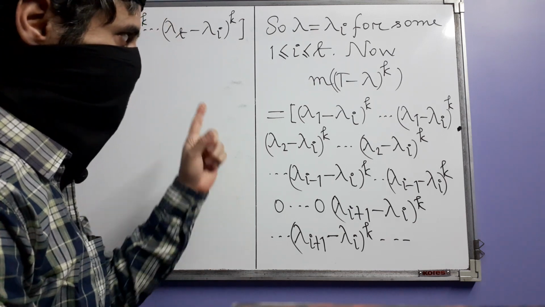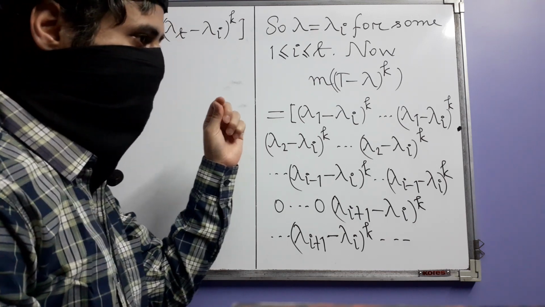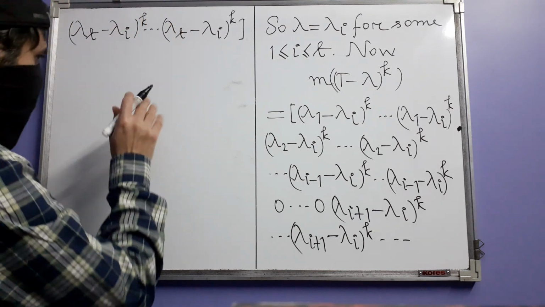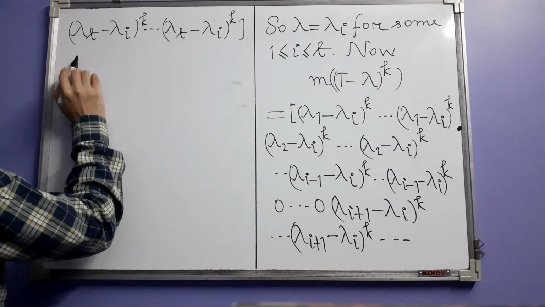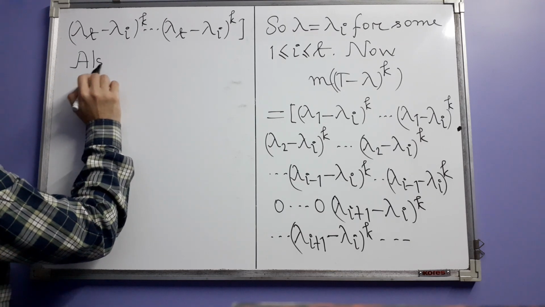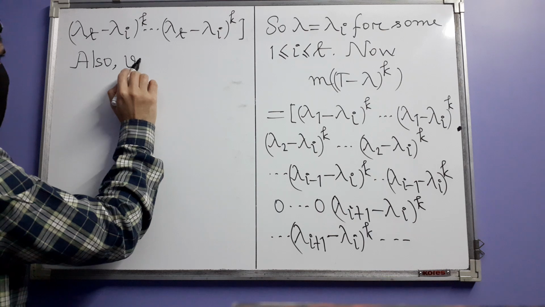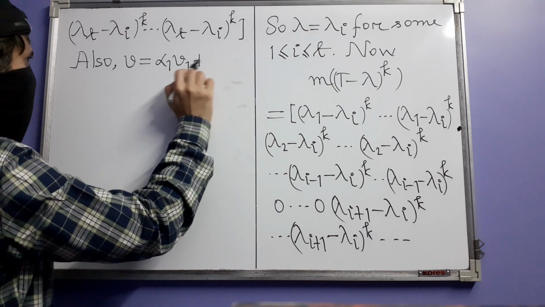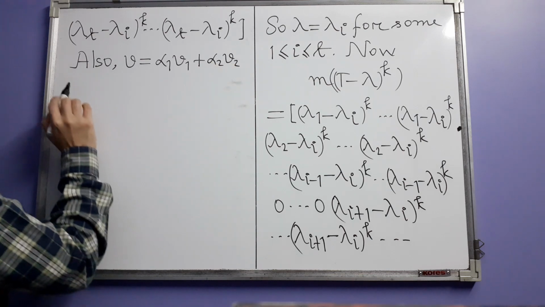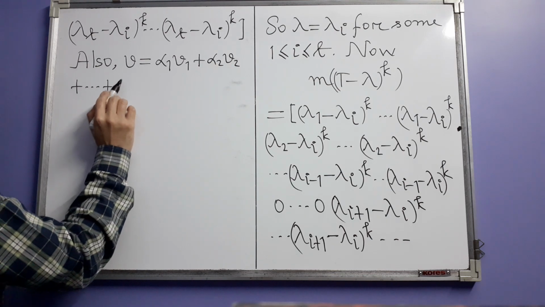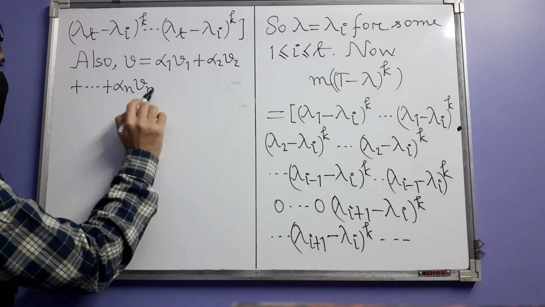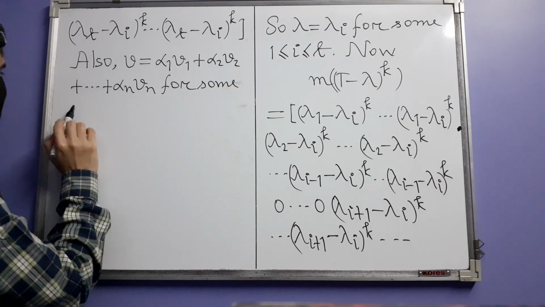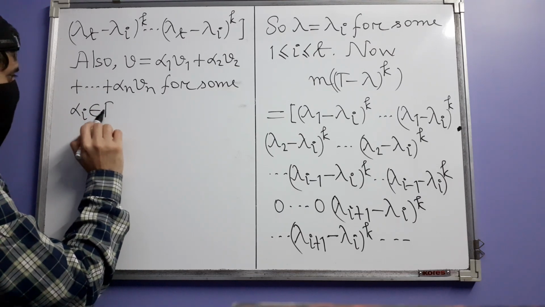Now if we express the vector V as a linear combination of those basis vectors, say the scalars there are alphas, alpha 1 V1 plus alpha 2 V2 etc. plus alpha n Vn for some alpha i's in F.